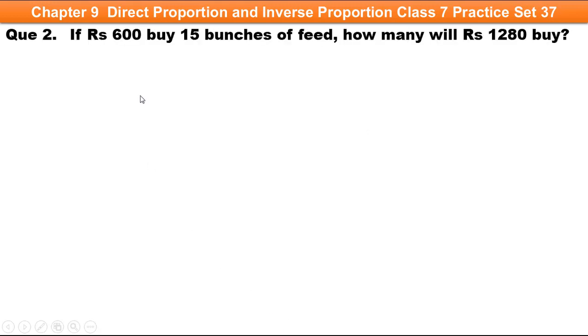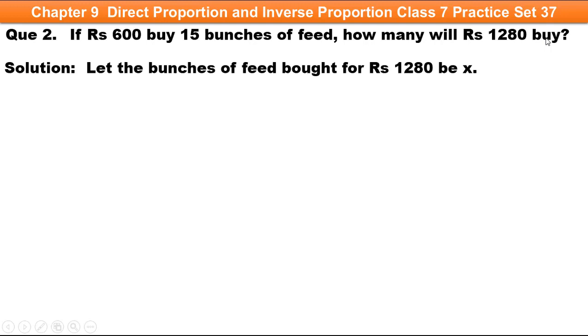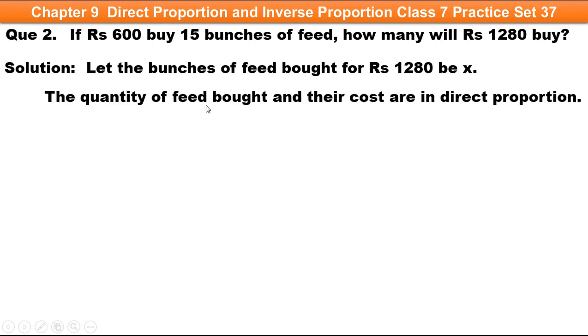Question second. If rupees 600 buy 15 bunches of feed, how many will rupees 1280 buy? Solution. Let the bunches of feed bought by rupees 1280 be x. The quantity of the feed bought and their cost are in direct proportion.